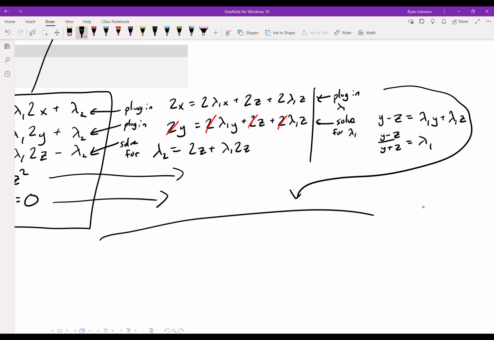Let's start over. So x plus 2 times y minus z over y plus z times x equals 2 times lambda 1 times x plus 2z plus 2 times y minus z over y plus z times z.